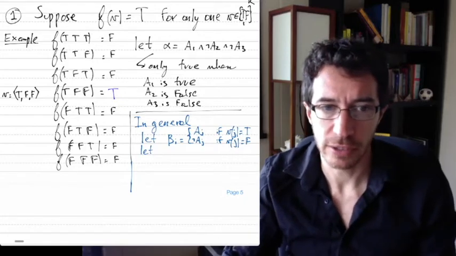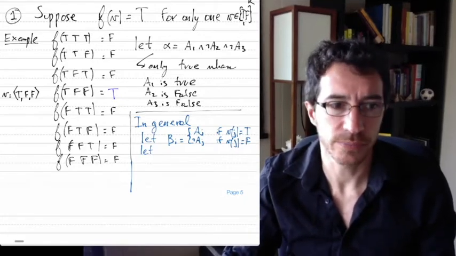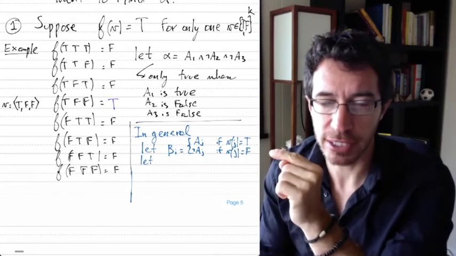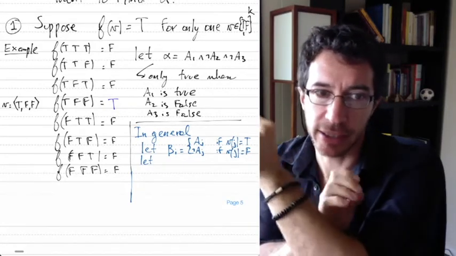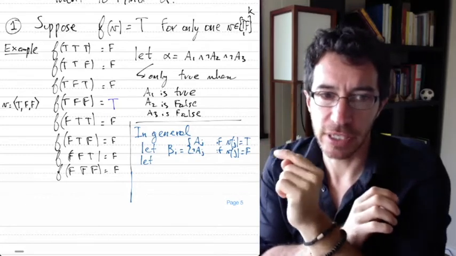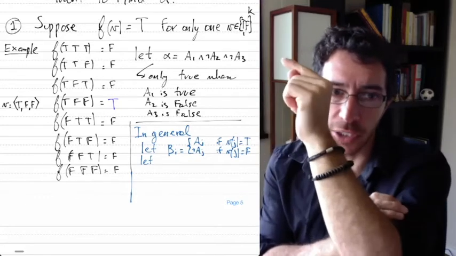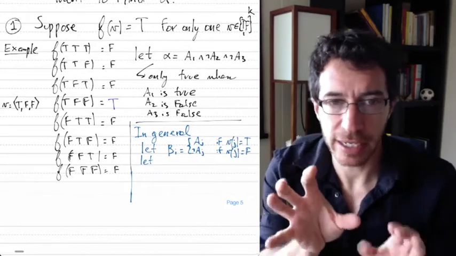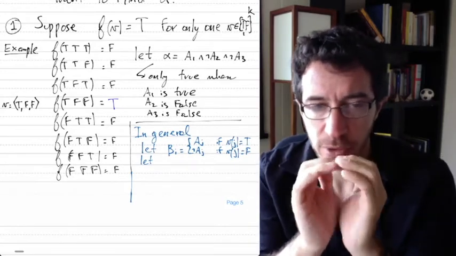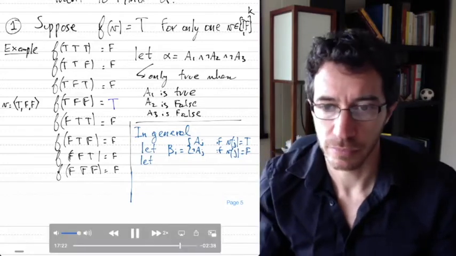The point is that if v is true at a certain point, we want that variable to appear positively, like in the example right there, and if v is false, we want it to appear negatively, like a2 and a3 in the example. So beta j is just a variable, maybe with a negation next to it.